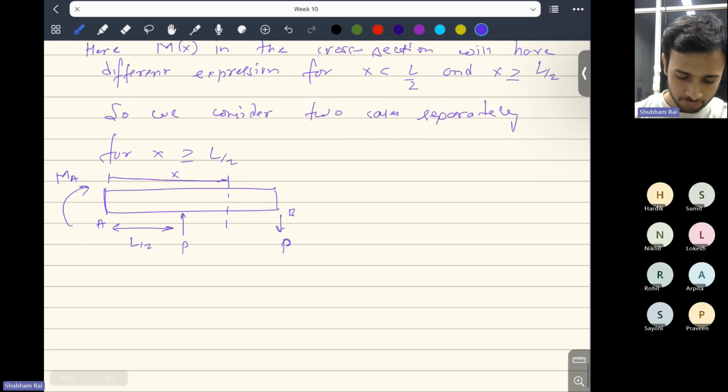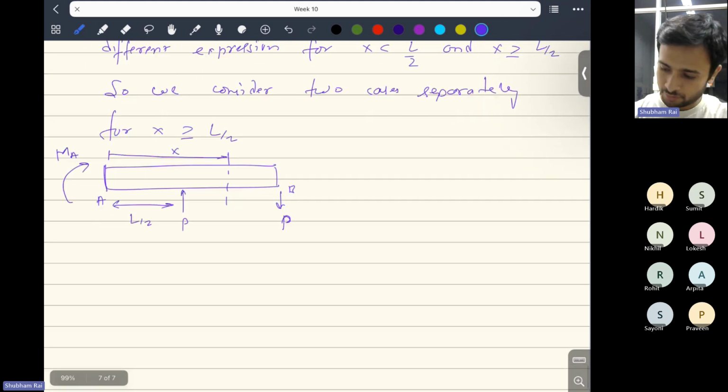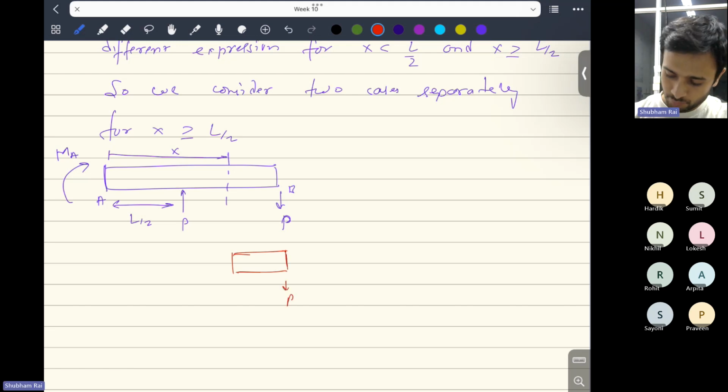Now, if you draw this cross section here, P is acting at this point, and let's say on the negative face, a positive shear force will act in negative direction. So that's a sign convention that we are following, and moment will be in this direction.